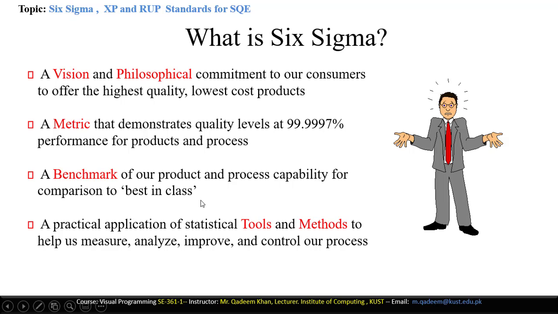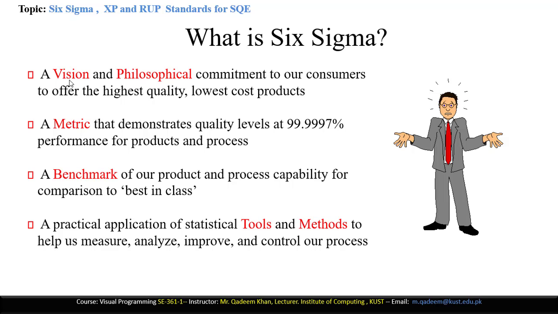Now, what is Six Sigma? Here, Six Sigma contains six different parameters. The parameters are provided here in these red fonts. The first one is a vision, and the second one is the philosophical. A vision means the best scope of the organization.